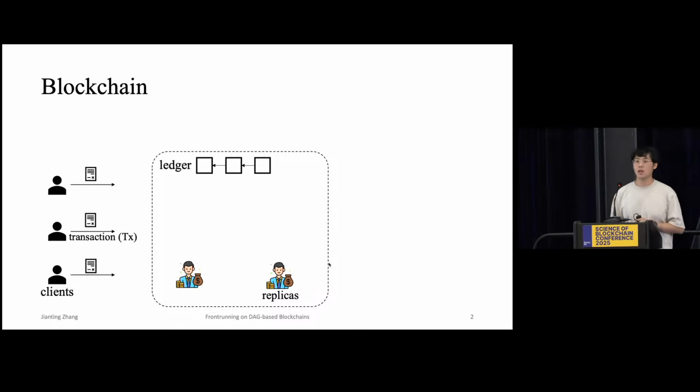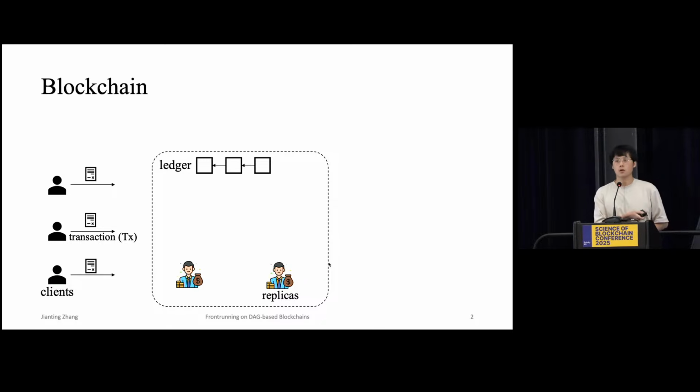A common use case is that clients construct transactions to interact with the on-chain state, for example, to invoke a smart contract to modify the on-chain state.